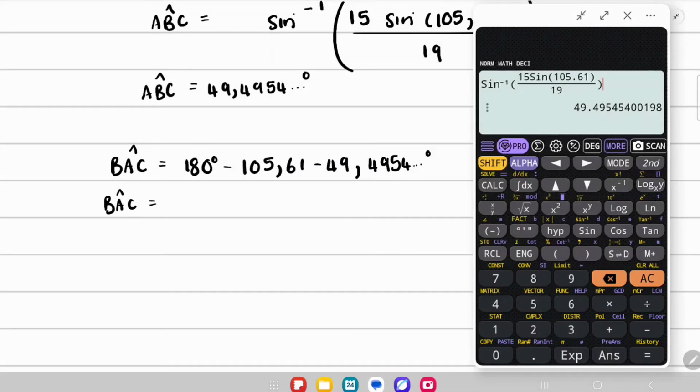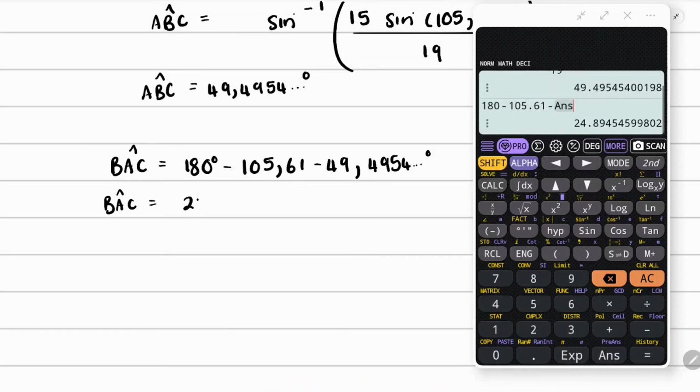Okay, so on our calculator, we can simply just say 180 degrees minus the 105.61 minus our answer that we had. And we'll hold on to this and make sure that we don't round off. So I'll just call it 8945 and I won't round off yet.